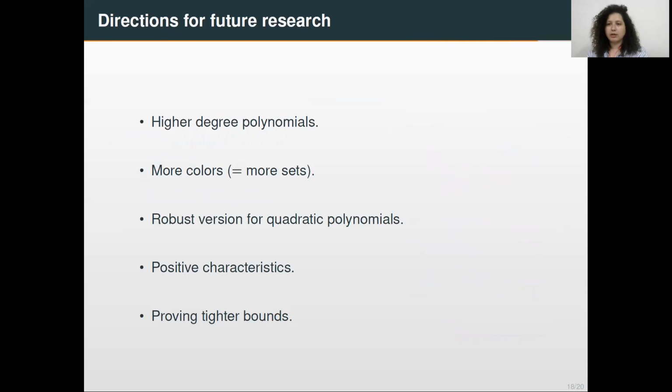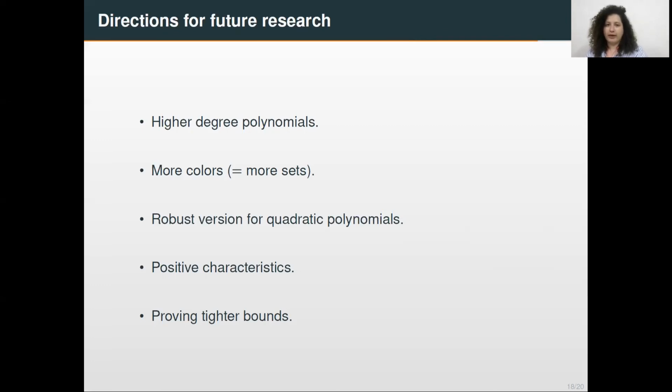So let me conclude the talk by describing directions for future research. So the main goal of this research is to construct PIT algorithms for depth 4 arithmetic circuits. In order to do so, we need to allow higher bottom fan-in of the circuit and higher top fan-in of the circuit.